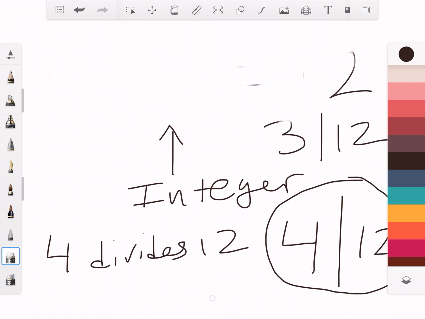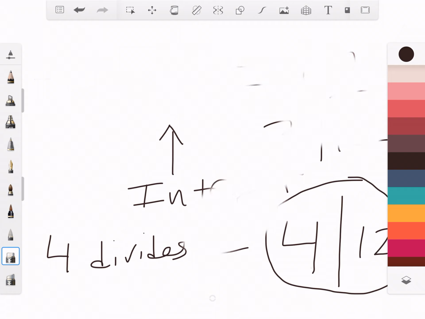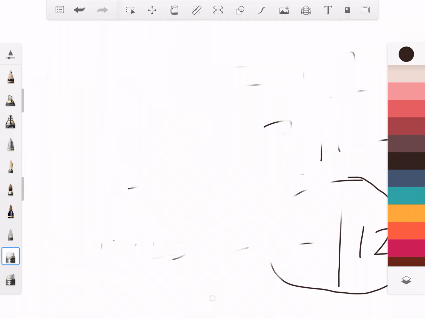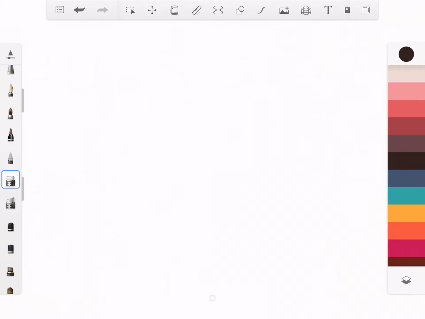Now next, let me show you why we have to have integers to do this. Why this only makes sense for integers. Well, actually, before I show you that, let me first write down the definition.